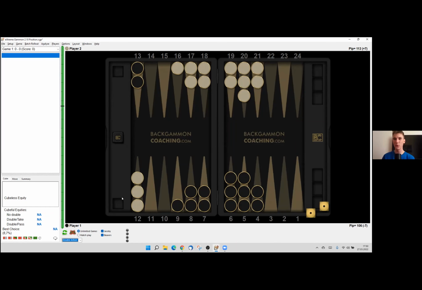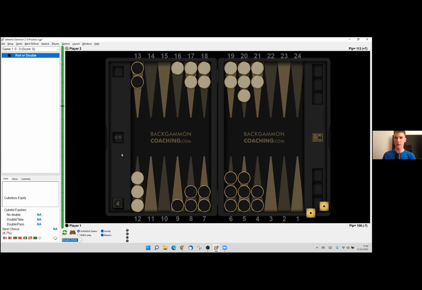Now, if you own the cube, you need even more reasons to double. Before I mention the formula, we don't just talk about formulas because backgammon is more than that. Let's talk about, in theory, what cube ownership actually means.